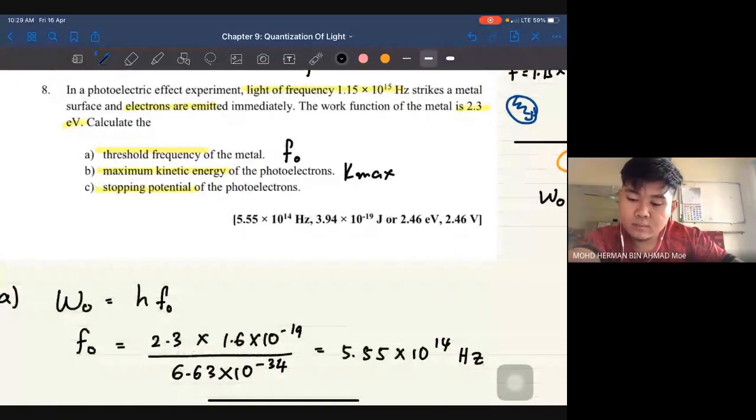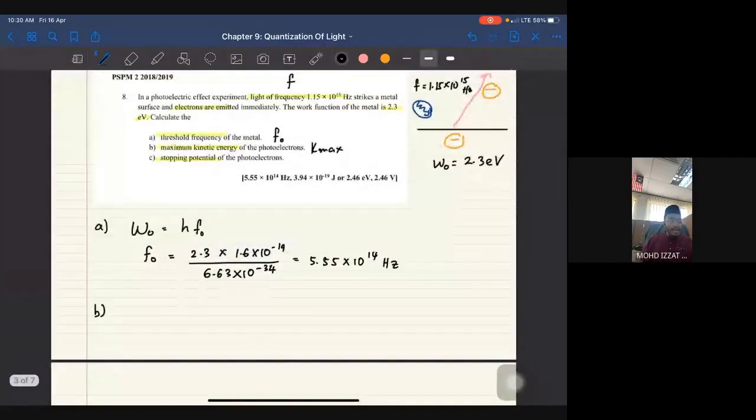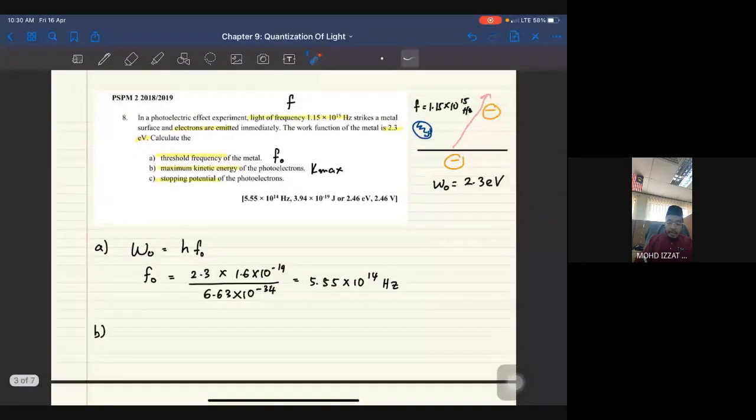F equals W naught plus Kmax. Yes. So you can use the Einstein equation. The original equation is reversed. So this is how it works. If you want to find the energy here and you have the information, you can use HF or HC over lambda. If you want to find the energy here, or find lambda or frequency, with certain information you can use HF or HC over lambda.